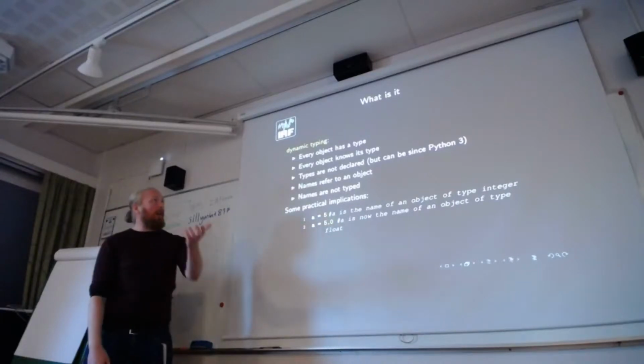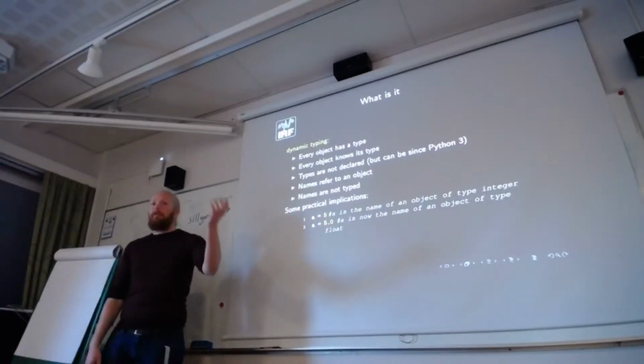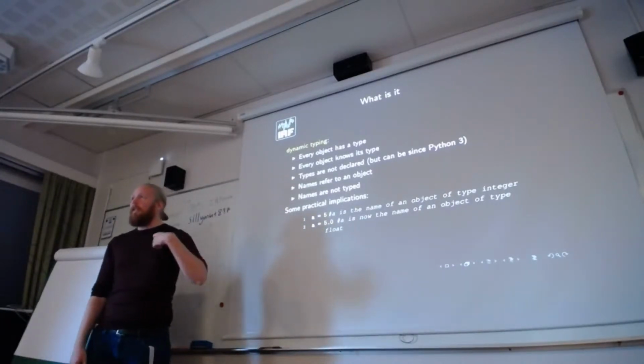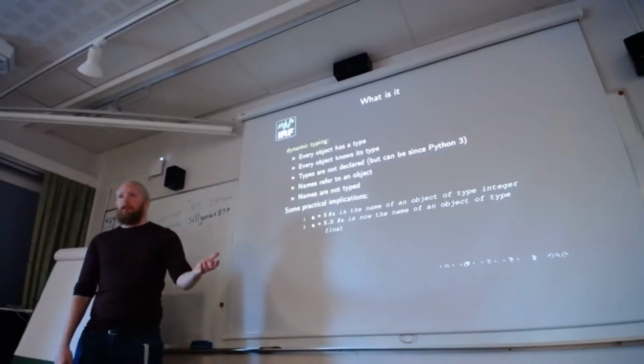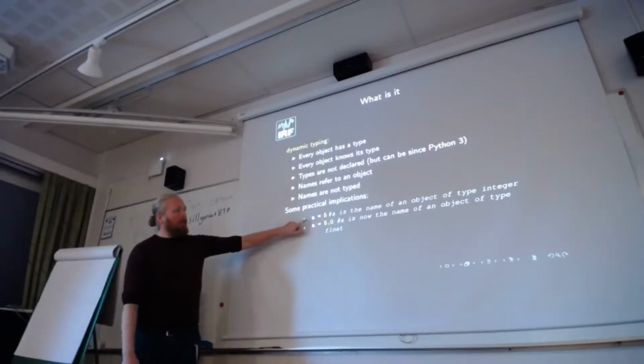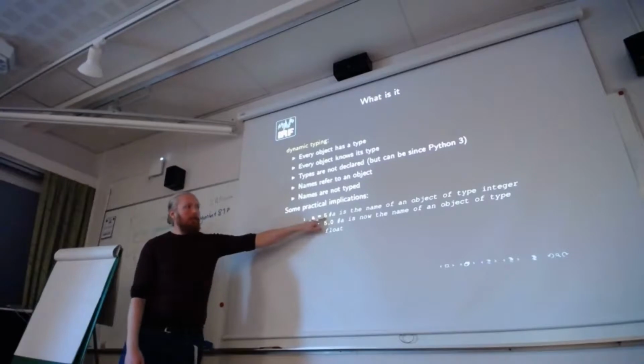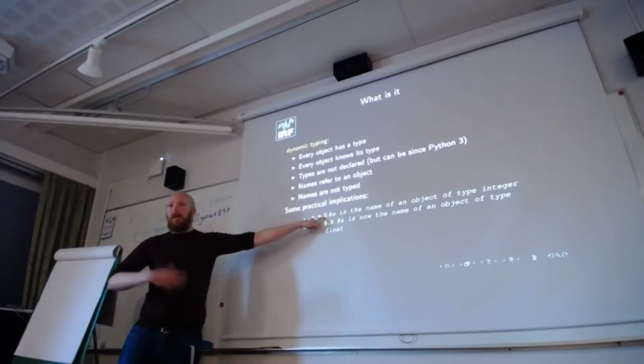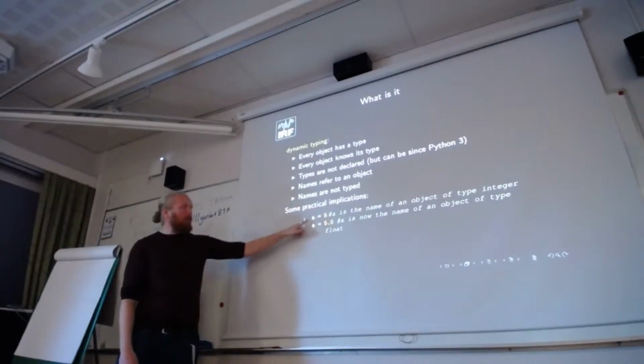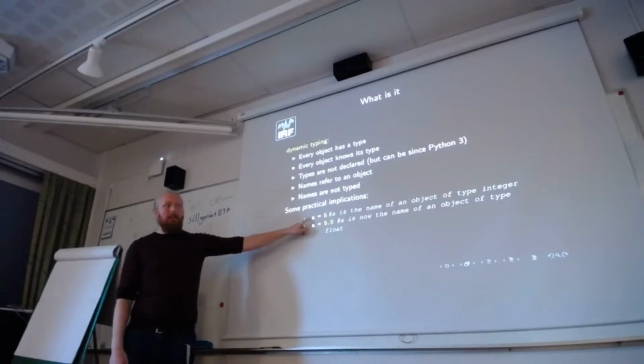So it's strongly typed, but you don't have to tell Python that it is an integer. That means that here, when I put a to 5, it just becomes an integer. You don't need to tell Python that this is supposed to be an int and not a float.